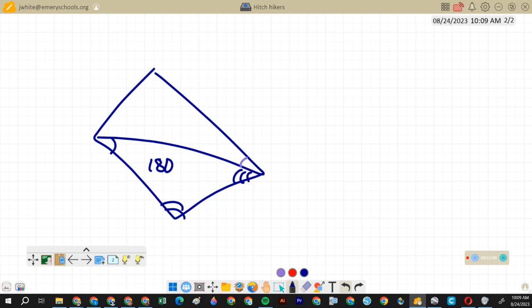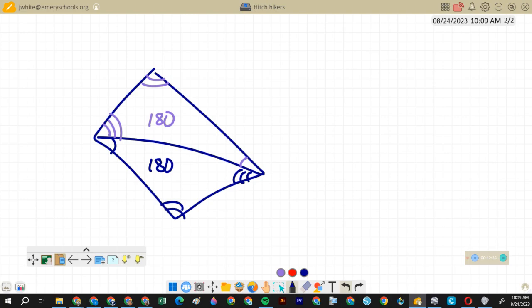What about this angle plus this angle plus that angle? That would be 180. And what about all of the angles in that quadrilateral? It would be all of the blue angles plus all of the purple angles, which is 360. And no matter how I move that shape around, I always have 2 triangles.